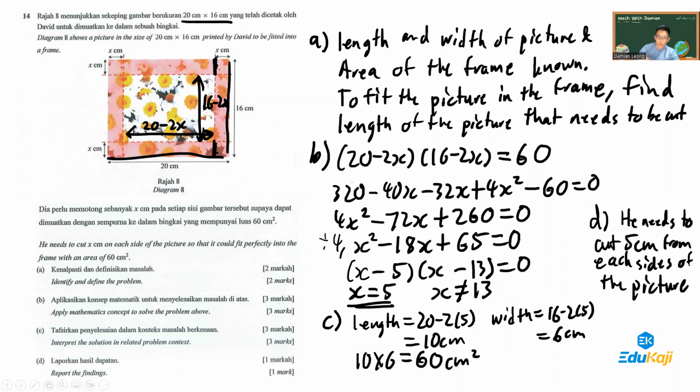That's it. Reporting in the end what you have found, which is basically the x equals 5 value.